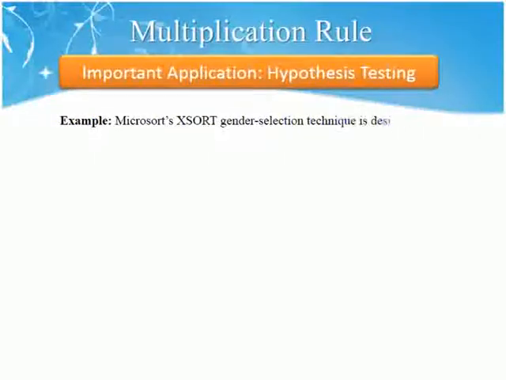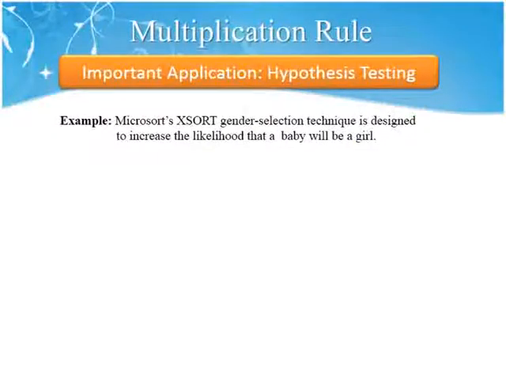As a preview to one of the applications we're going to be using these probability ideas for, something called hypothesis testing, which we'll be doing a lot of later on in the semester, take a look at this example. A company called Microsort has an XSort gender selection technique which is designed to increase the likelihood that a baby will be a girl.